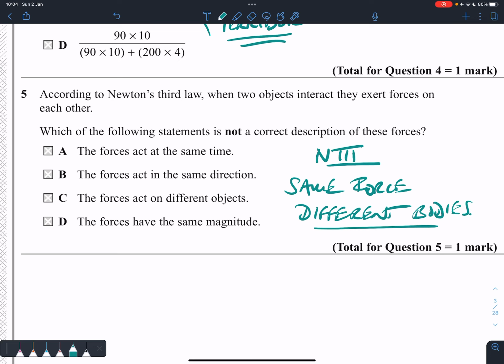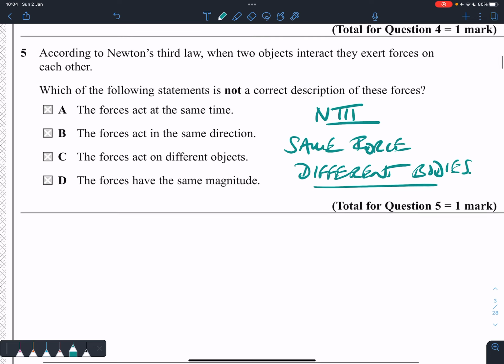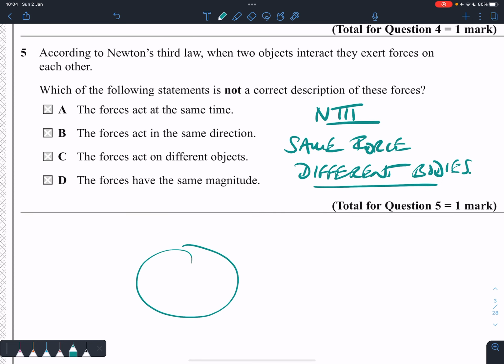So, for example, let's say we've got the Earth and we've got me here. The Earth pulls me, but I'm also going to pull the Earth.